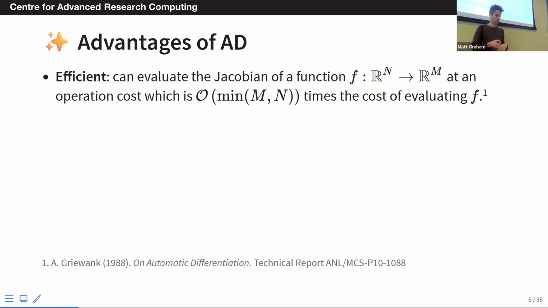It's a bit unclear who first formulated this result, but I think the first somewhat formal proof of it was in a technical report by Griewank on automatic differentiation. It's quite a readable paper, so if you're interested, I recommend looking through it. It sets out, at a fairly high level but in an instructive way, why we expect to get this kind of behavior in terms of complexity.